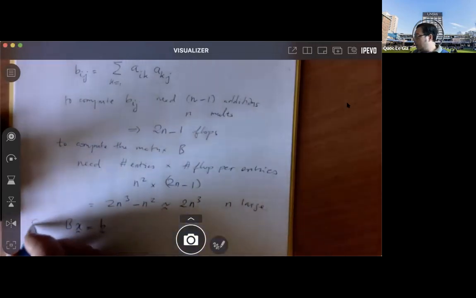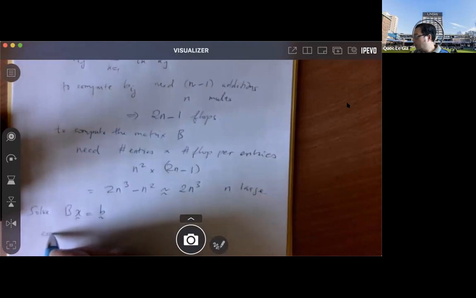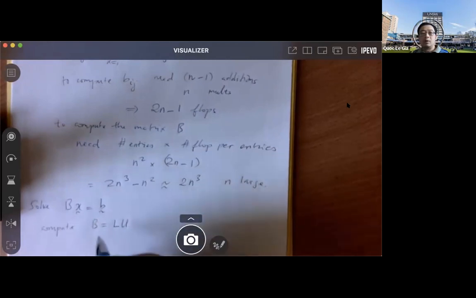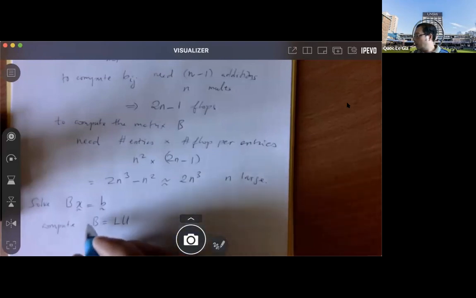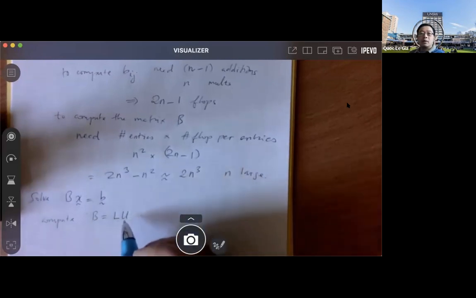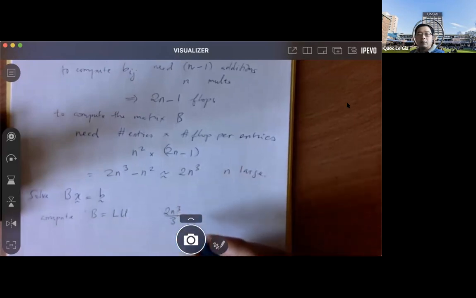And you can solve this by computing the LU factorization of B. So you can compute B equal LU, or maybe BP equal LU, right? So you assume that you can have the LU factorization like this, and then it will take you about 2n cubed over 3 flops for this.